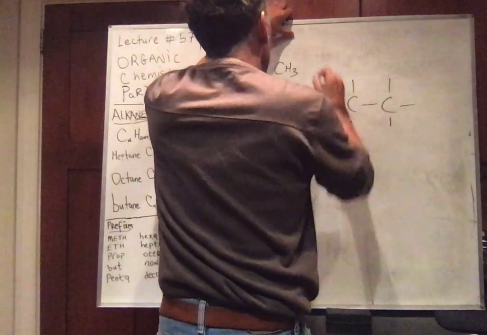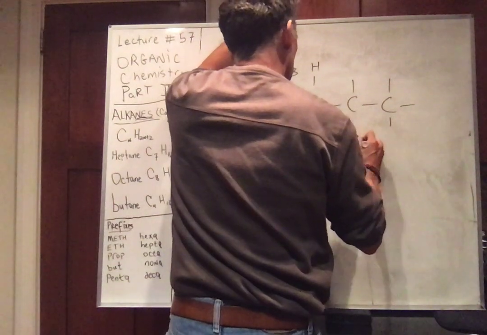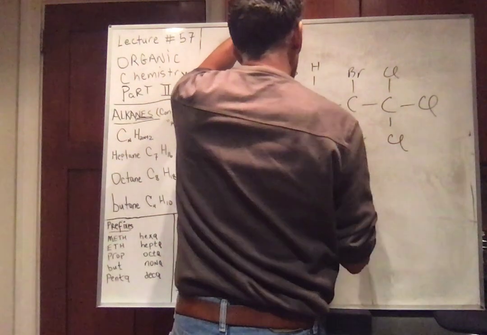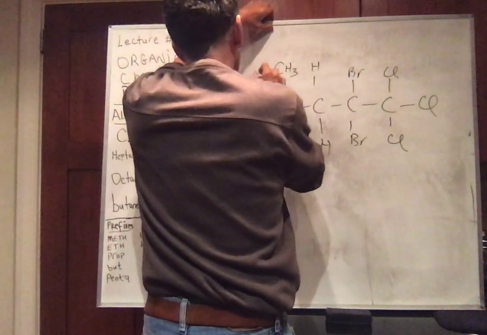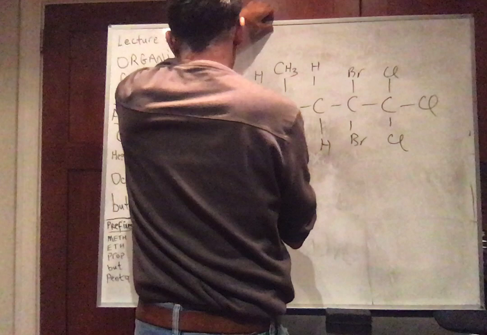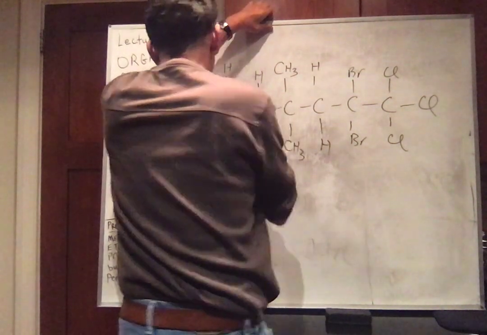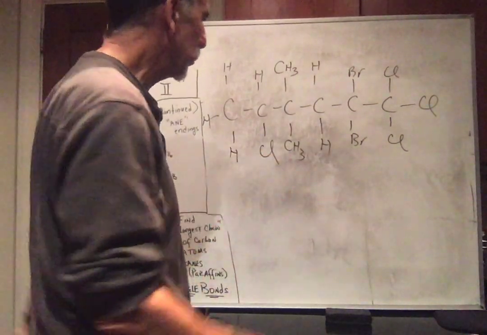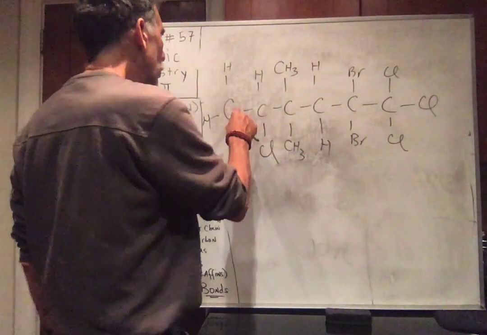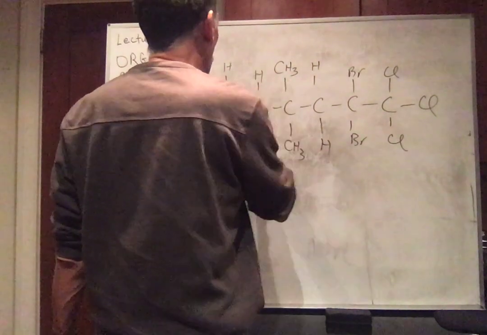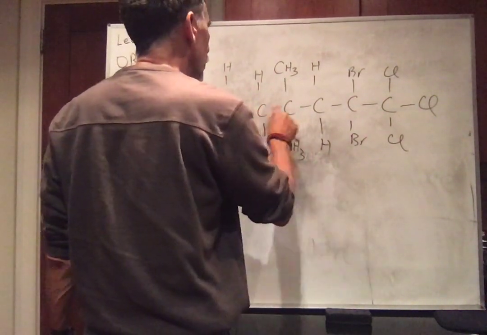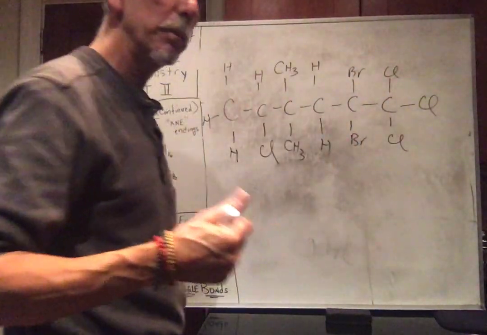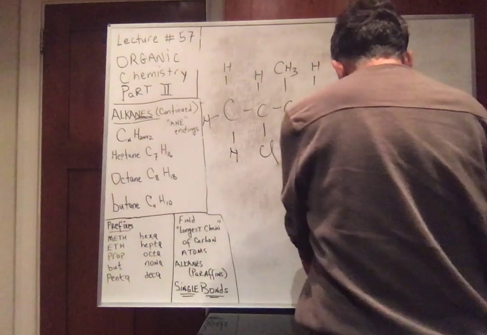You still end up the same. So let's look at this crazy thing. I know the board is getting dirty. So the longest chain looks like 1, 2, 3, 4, 1, 2, 3, 4, 5, 6. So this is 6 carbons. That's hexane. So it's definitely hexane.